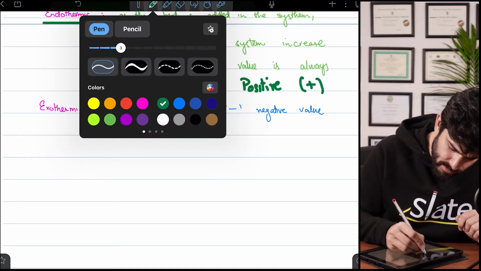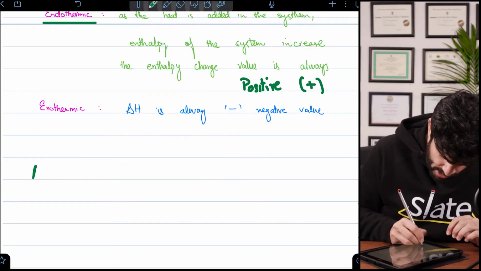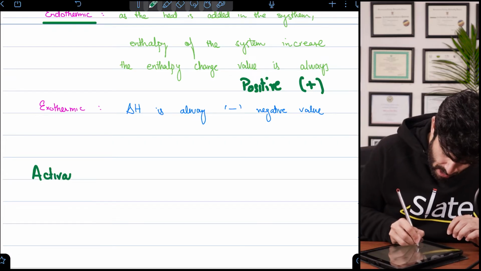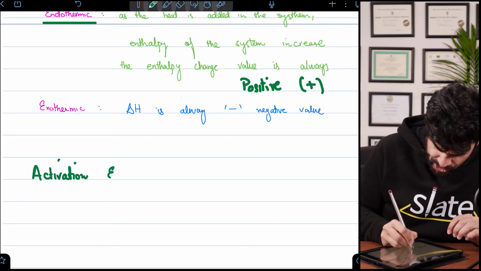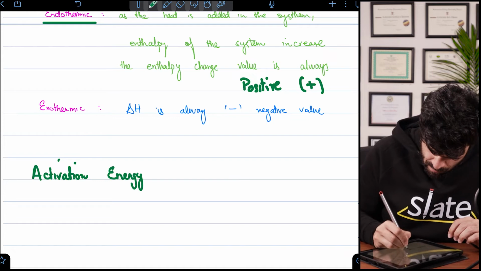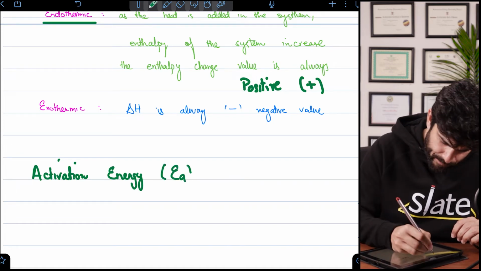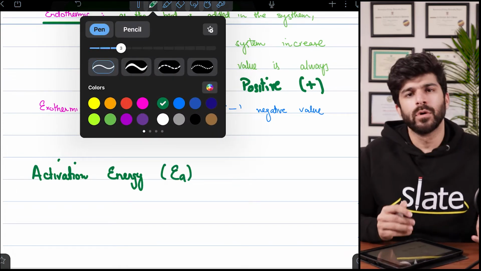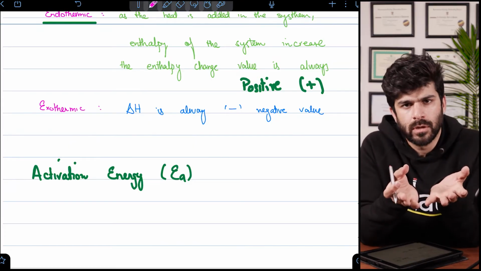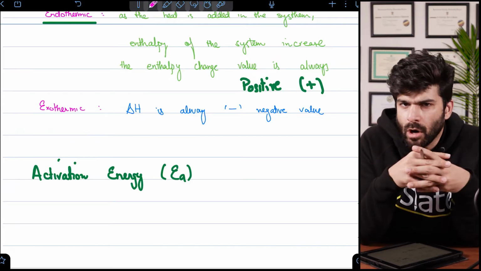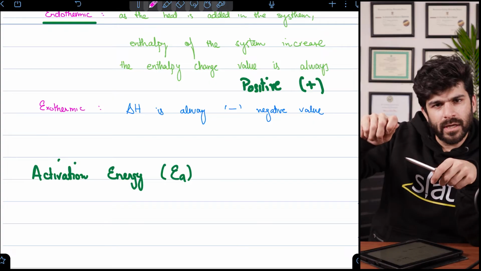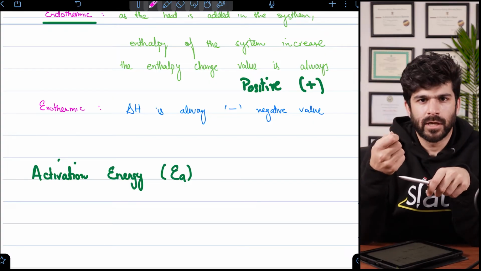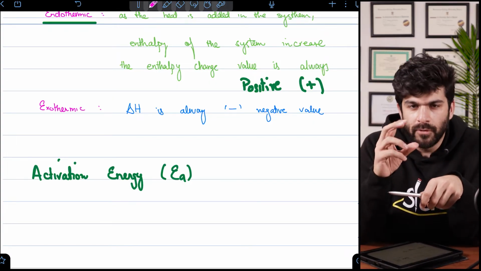And that, students, is called activation energy, EA. Now, many of you drive cars. So when we talk about cars, why do we ignite? We spark the fuel.